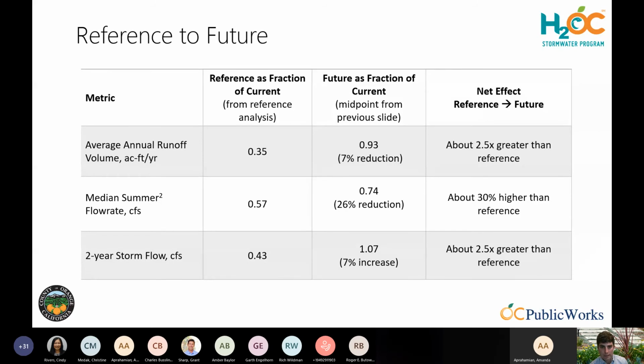So as water conservation occurs, as reduction of urban runoff occurs, it appears to be pushing us back within striking distance, so to speak, of the reference condition summer stream flow.